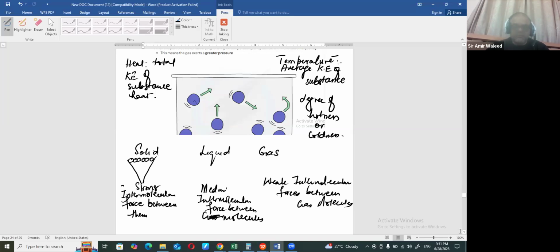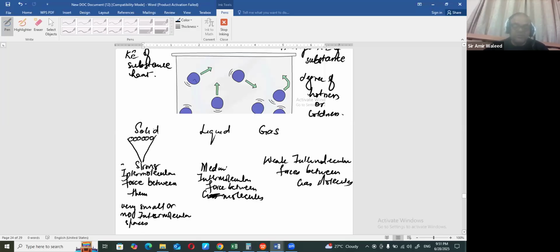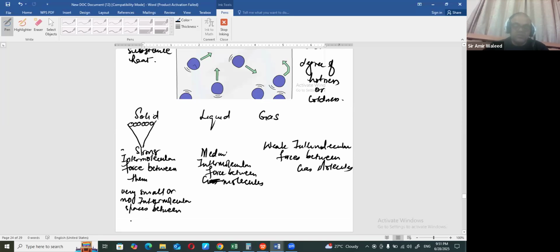Next is, if they have strong intermolecular forces, they have very small or no intermolecular spaces between the molecules or particles of solid.